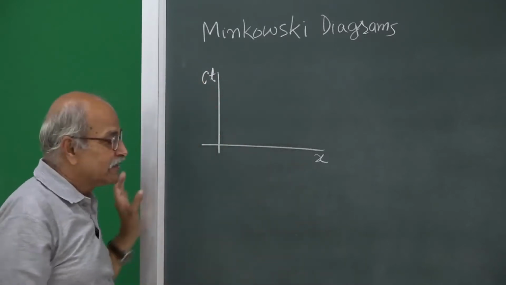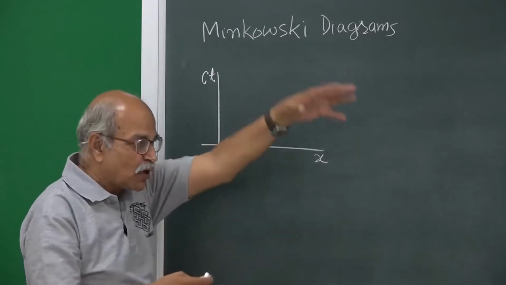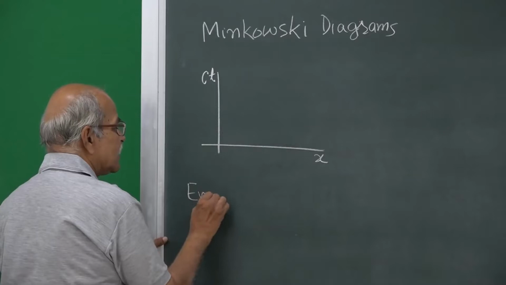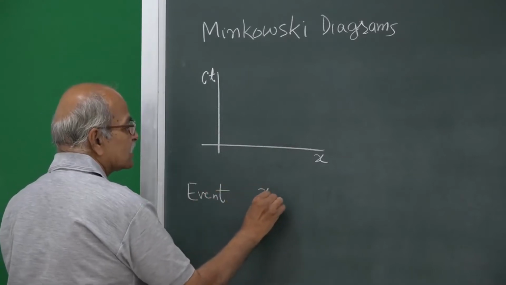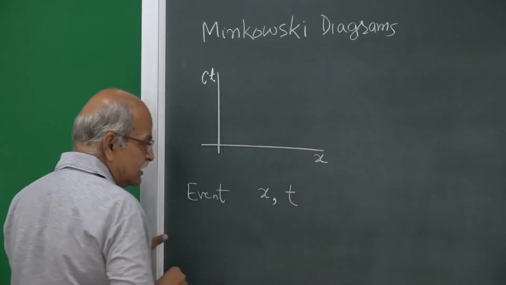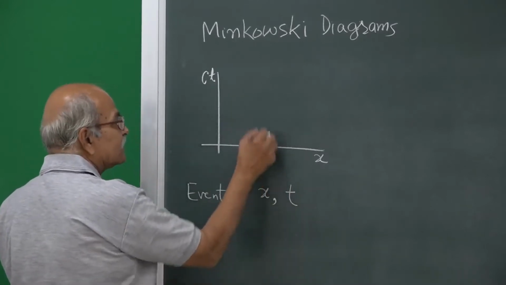Of an event. So, in space some event has occurred, as we have talked in the whole course. Some event has occurred, and event has a location which is x, and event has occurred at a time instant which is t. So, this x and this t. So, this x and then this Ct.